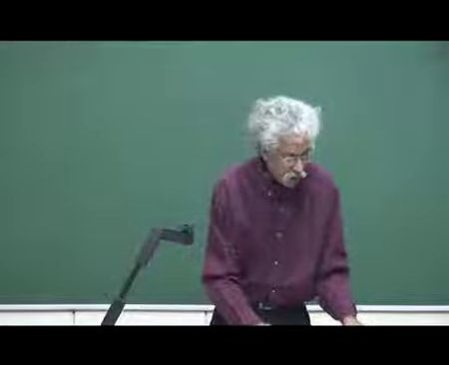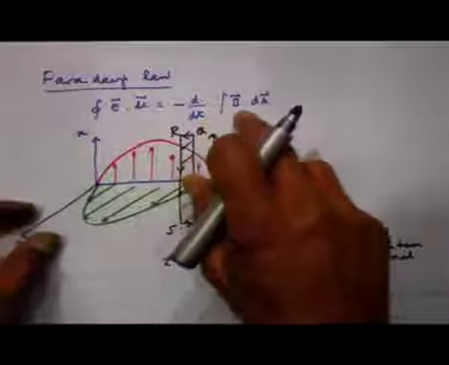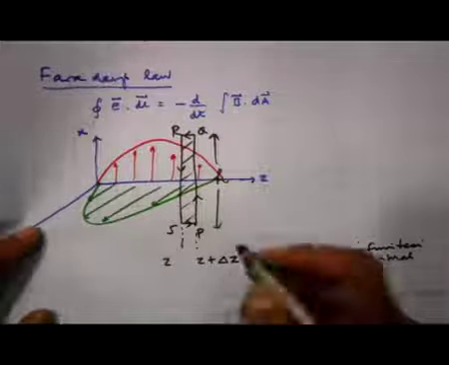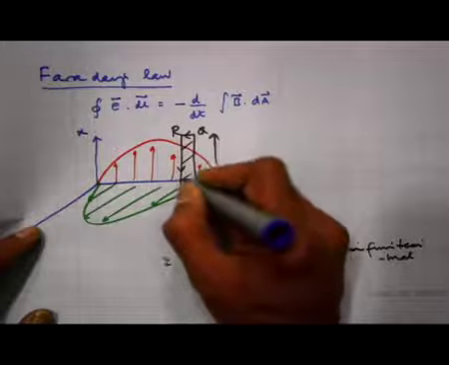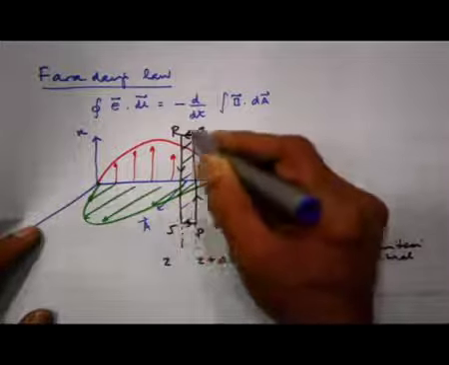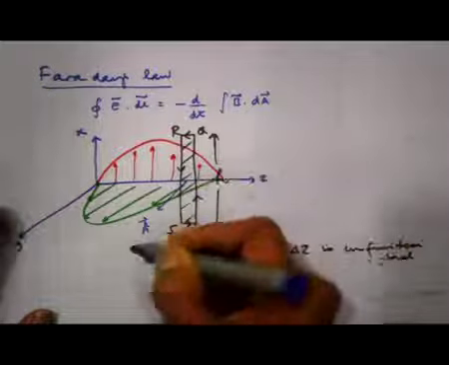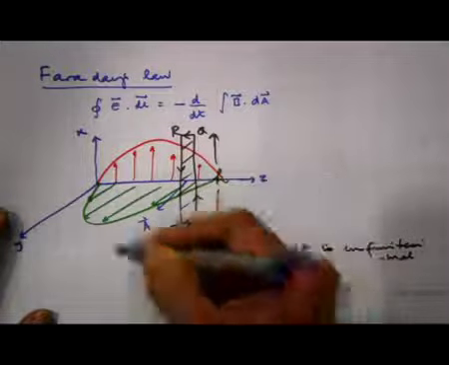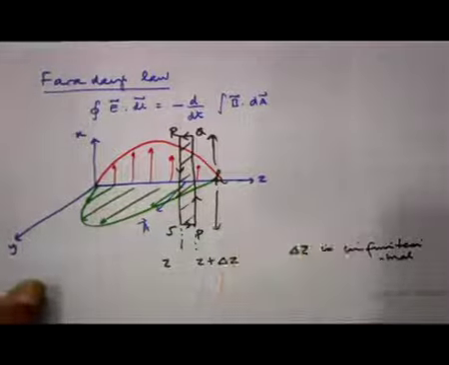Now, let me look at the right hand side of this equation, which is integral B dot dA. I must calculate the flux through this area. The first thing you notice is that because the loop integration which I have done is anti-clockwise, the area vector is in this direction, which is nothing but y cap, j cap. So, the area vector for this loop of integration is along the direction y, which is also the direction of the magnetic field.